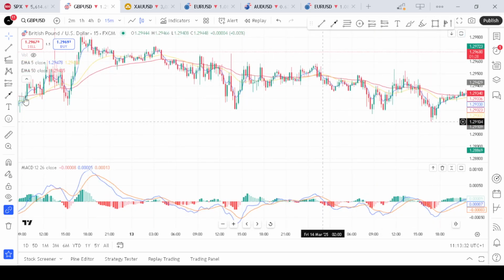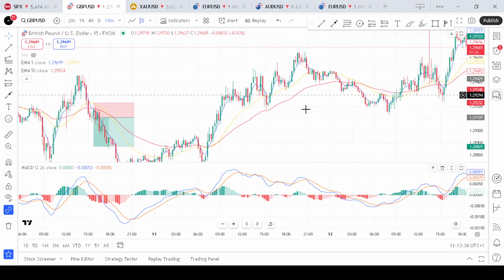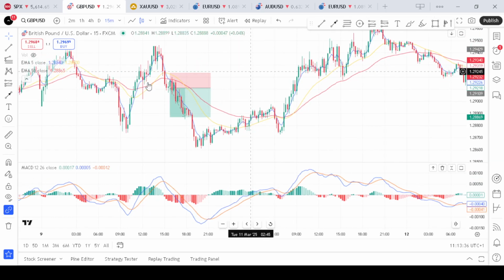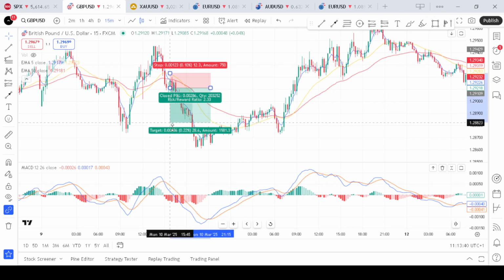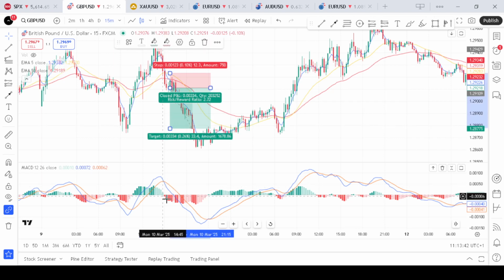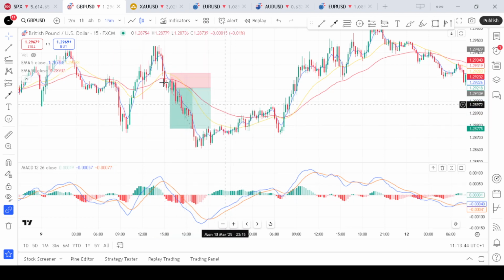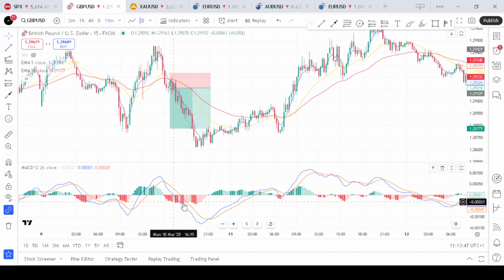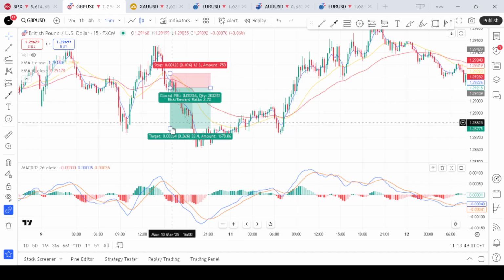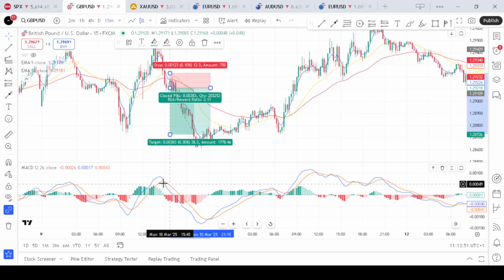If we go to our selling opportunity, we look for the same, and the MACD indicator shows an increasing bearish histogram. When we enter the bearish trade, the bearish histogram is increasing, and we can also spot a crossover between the MACD line and the signal line. This helps us to further get confidence in our trade setup.